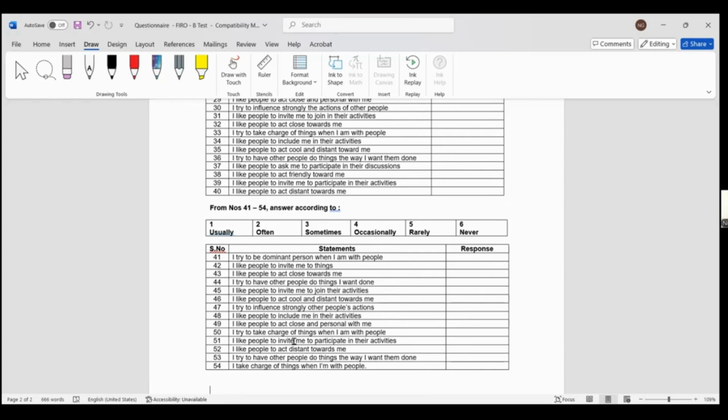Usually, often, sometimes, occasionally, or rarely? My role is HR head, but typically, if you say occasionally I take charge, that means you don't take control of things, right? So you should not fill it as what you should do, but as what you typically do.